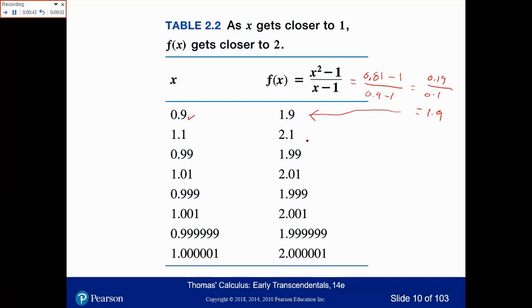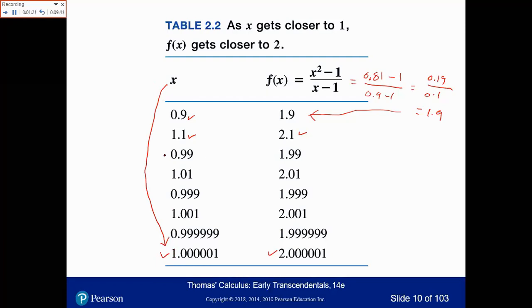Isn't that this value? Yes, good. So if I plug in this value, it will get me 2.1. And if I continue, what do you think is happening? I'm approaching 1 on this side, right? And I'm approaching 2 on this side, right? So we can say limit as x approaching what? Tell me, x is approaching what? To 1.